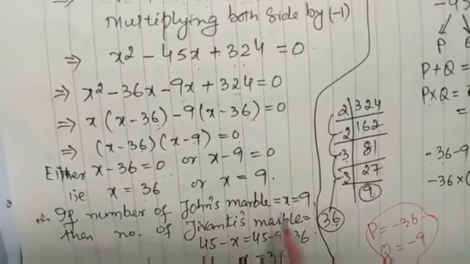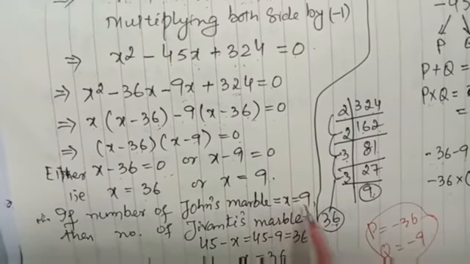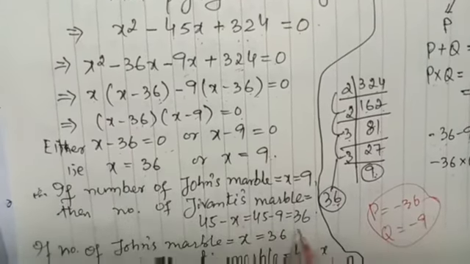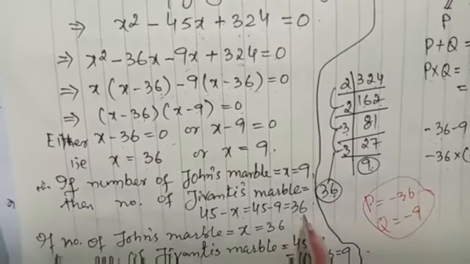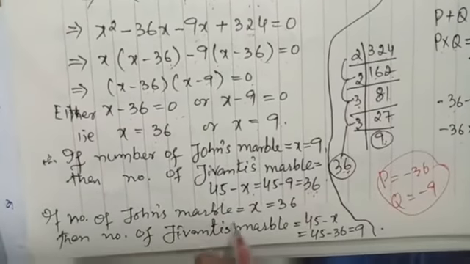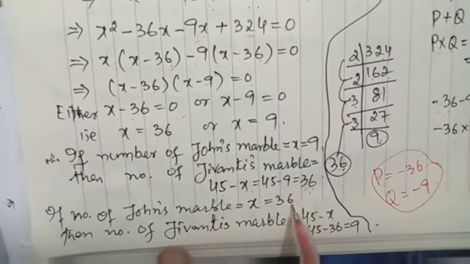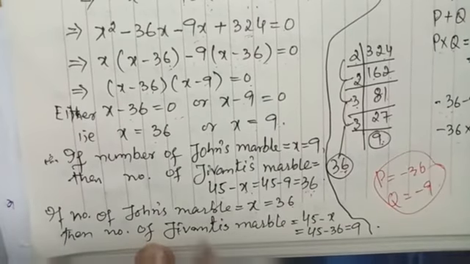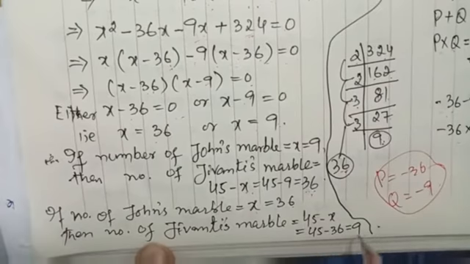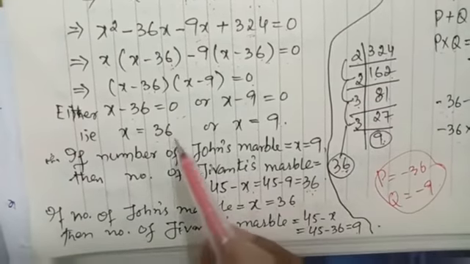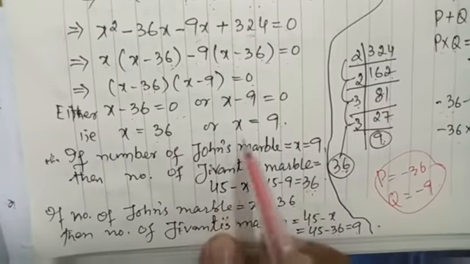If number of John's marble be x is equal to 9, on that time Jivanti will have 45 minus x, that is 45 minus 9, which is equal to 36. If number of John's marble x is equal to 36, on that time number of Jivanti's marble will be 45 minus x, that is 45 minus 36 is equal to 9. So what we are doing, we have here the two values 36 and 9.